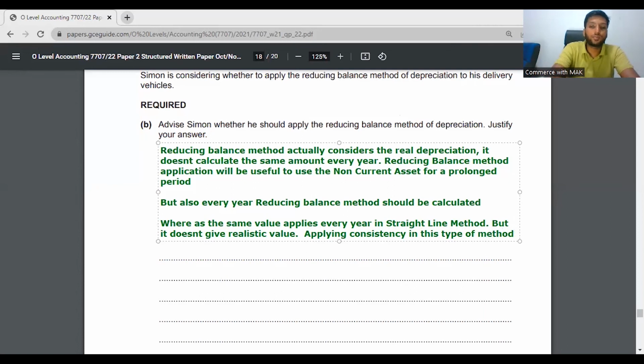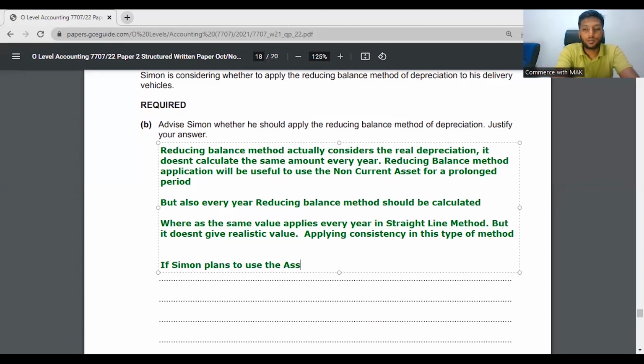So then you should advise finally: if Simon plans to use the asset, the non-current asset, or we can say use the delivery van for a longer period, reducing balance method is better.